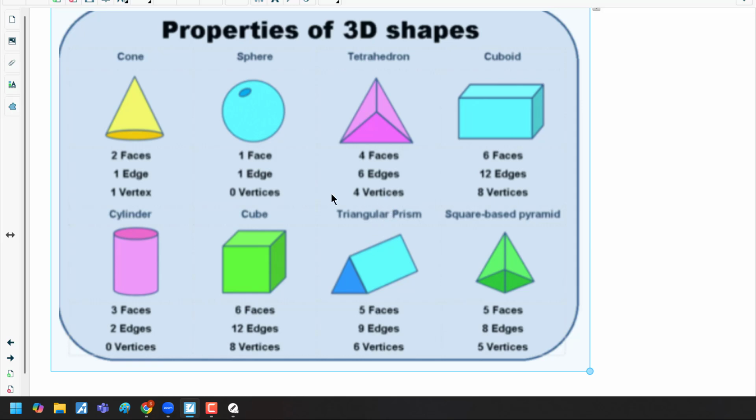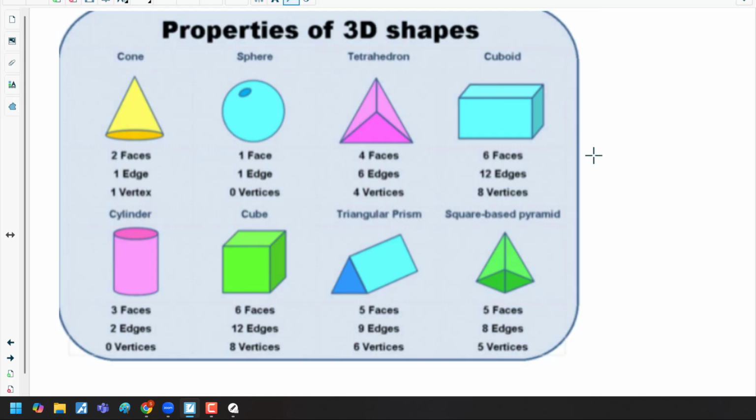Oh, maybe I should explain what an edge is. Oh, here. Look at this cuboid, right? All right.